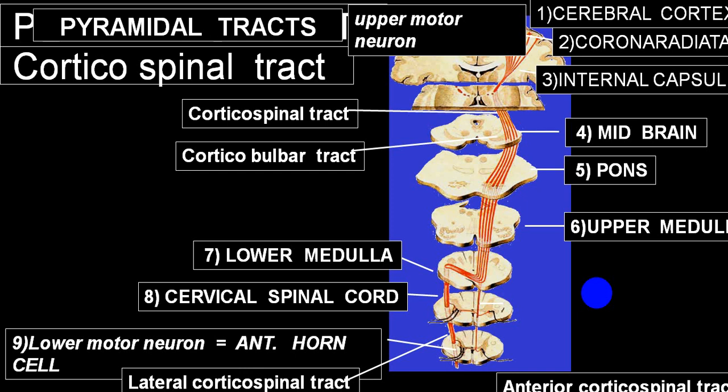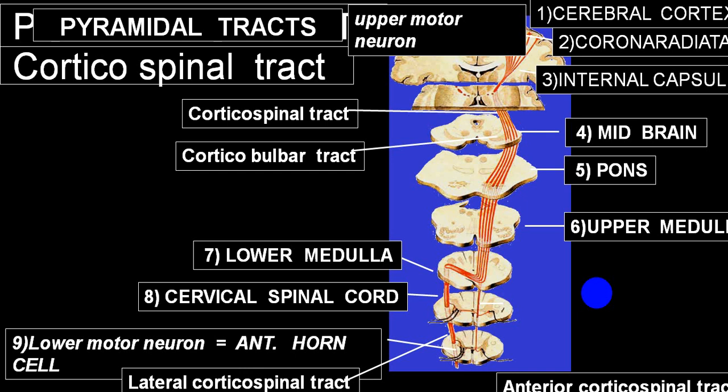These are called the uncrossed corticospinal tract, or the anterior corticospinal tract. It will cross before ending, and both will end on the anterior horn cell nuclei. From there, you have an alpha motor neuron which supplies, via the anterior spinal nerve root, the extrafusal fibers of a muscle, and that portion is called the lower motor neuron.